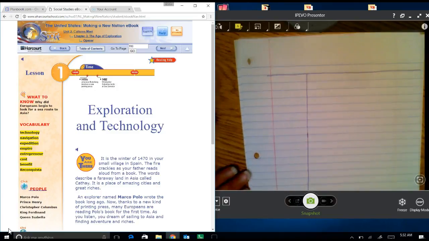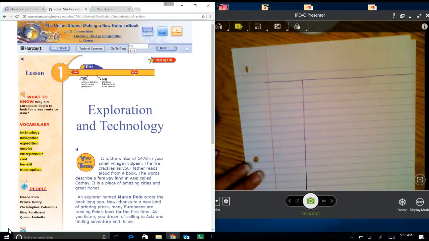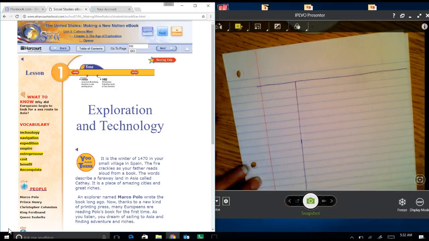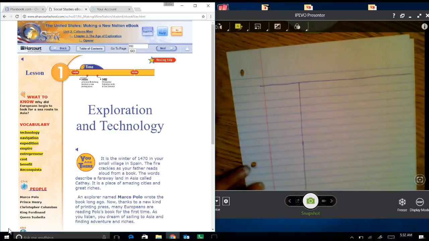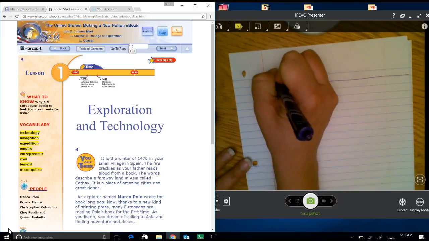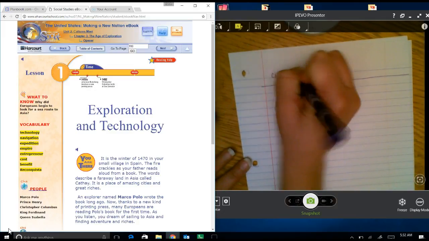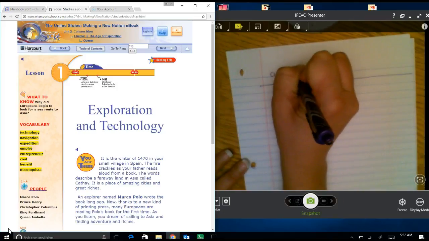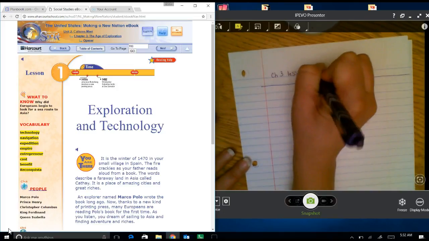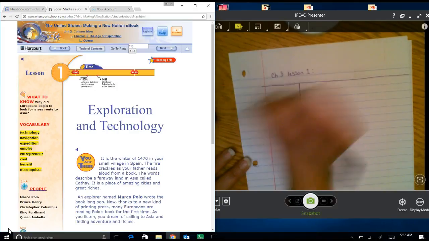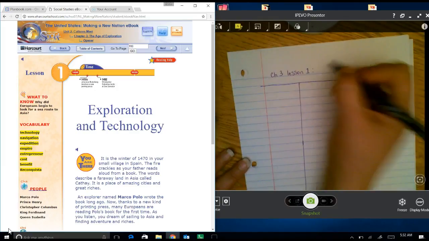Okay. First thing I'm going to do is label my heading. This is Chapter 3, Lesson 1. I think with Social Studies it's very important to make sure to put that each time. So I'm going to start with Chapter 3, Lesson 1. And then I'm going to put the title, Exploration and Technology.